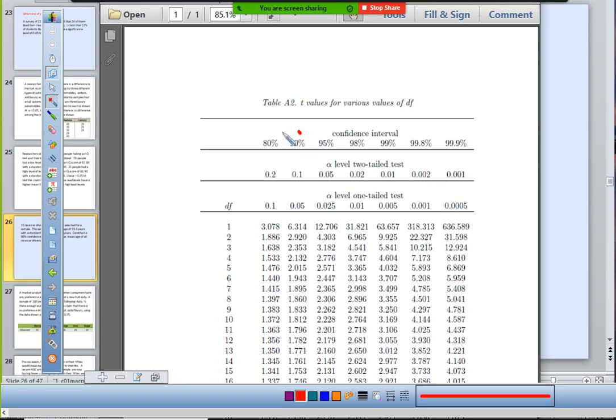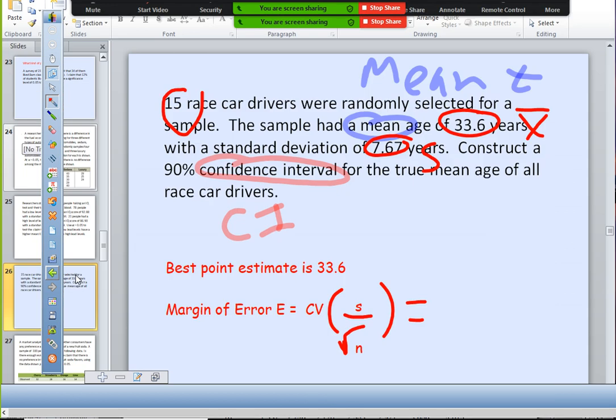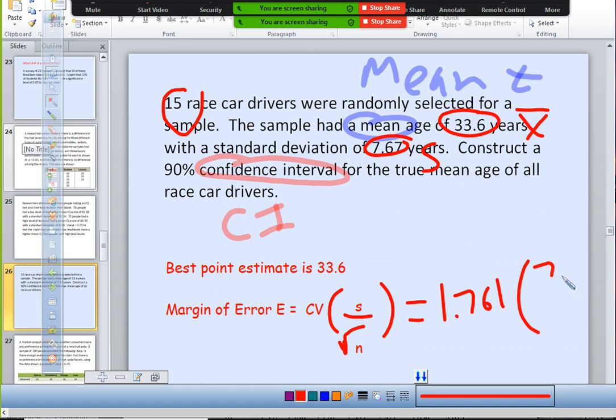So it's going to be 1.761 times my S, which is 7.67, over square root of N, which is 15.